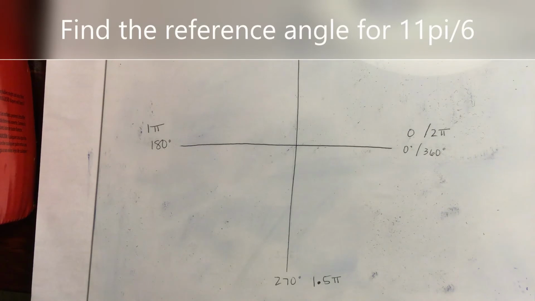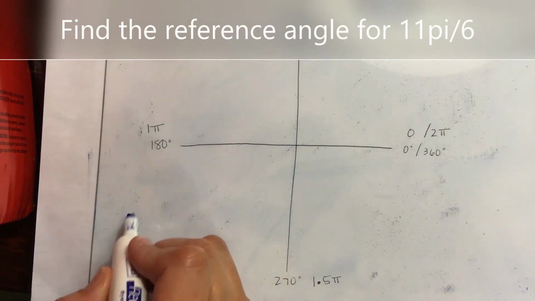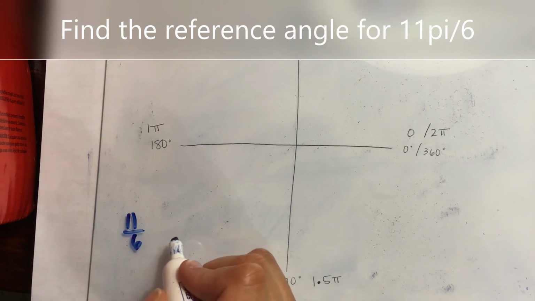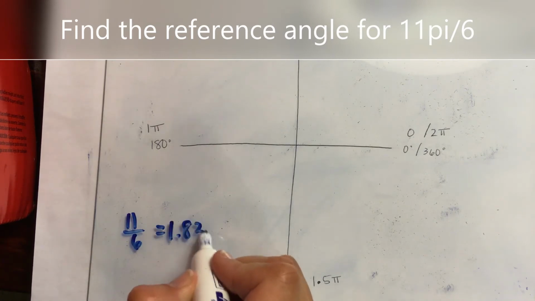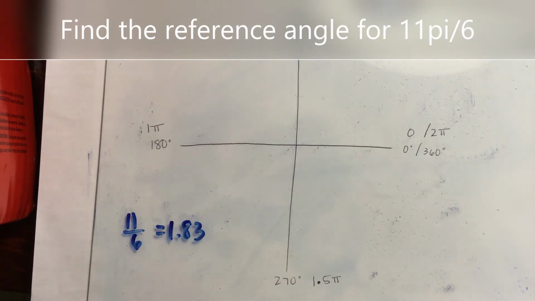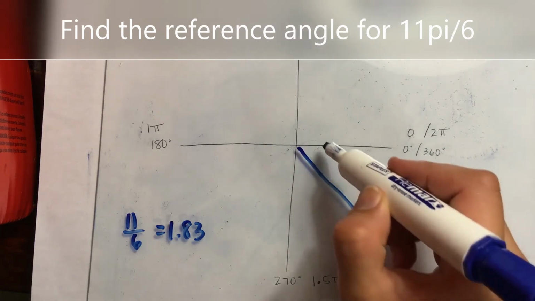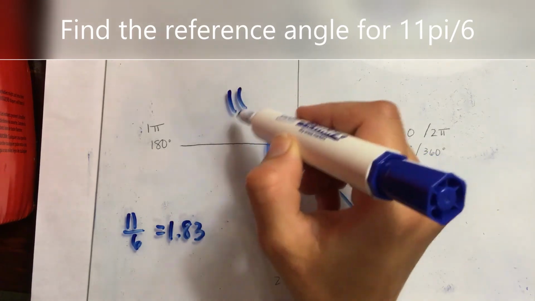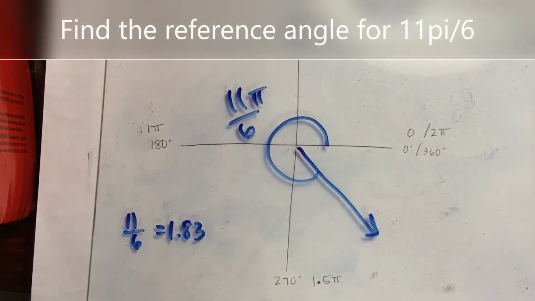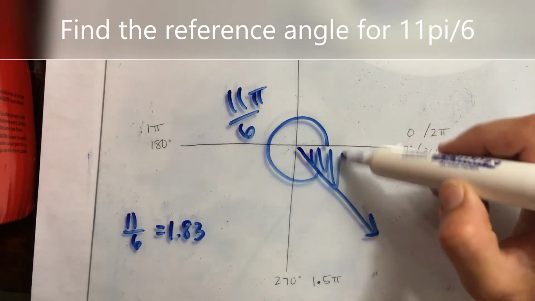Find the reference angle for 11 pi over 6. Let's just look at our numbers here. 11/6, type it into your calculator, it's 1.83. 1.83 is between 1.5 and 2. So 1.83 or 11/6 is somewhere in the 4th quadrant. This is my reference angle.